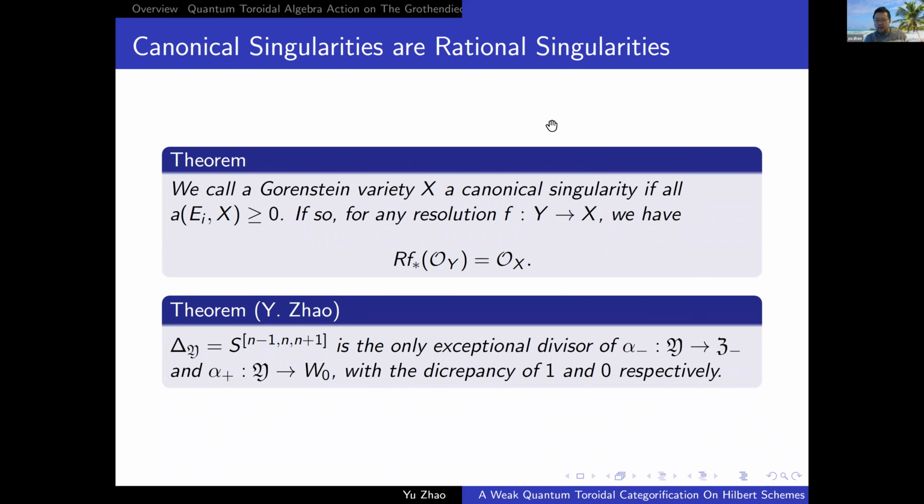The part of alpha plus is kind of easy, because it is an isomorphism outside of a codimension 3 locus on Y, and we know that in this case the discrepancy would be 0. A bit harder part would be alpha minus from Y to the minus side.